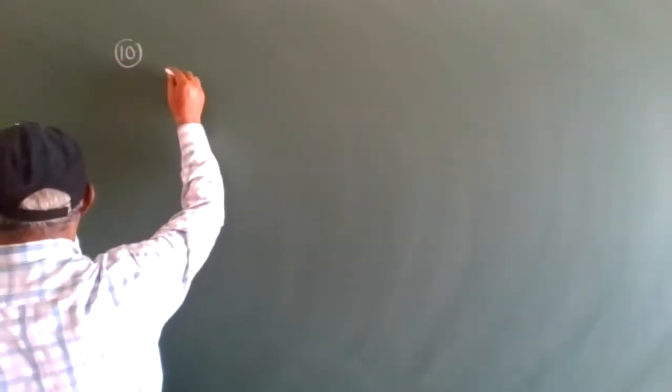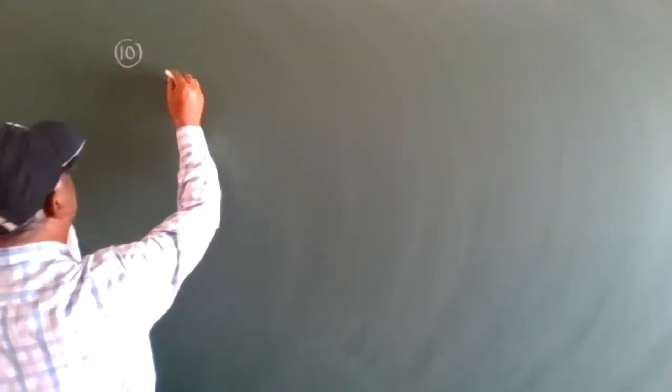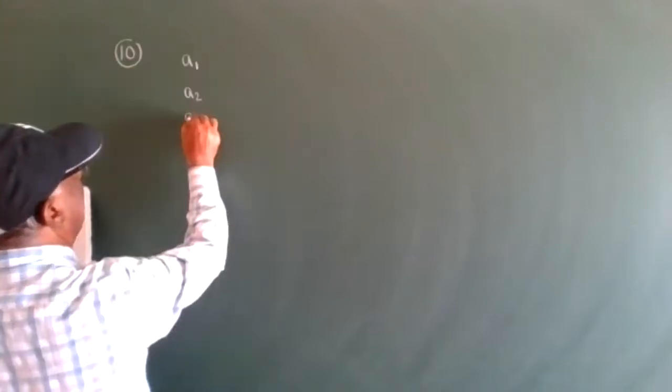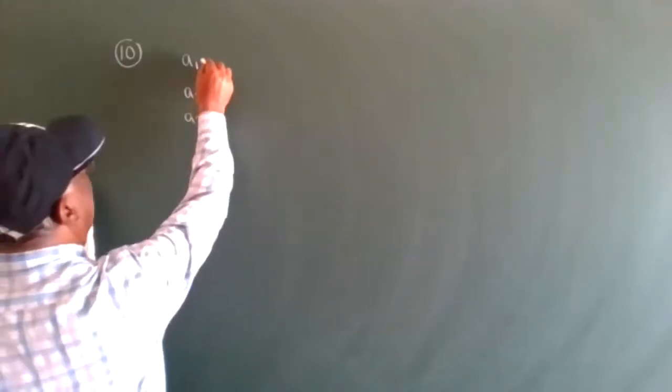In the 10th question, everyone observe. The question is: the number of possible matrices of order 3 by 3. Order 3 means 3 rows, A1, A2, A3, and 3 columns.